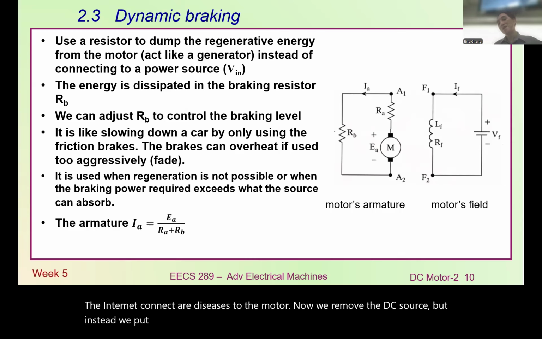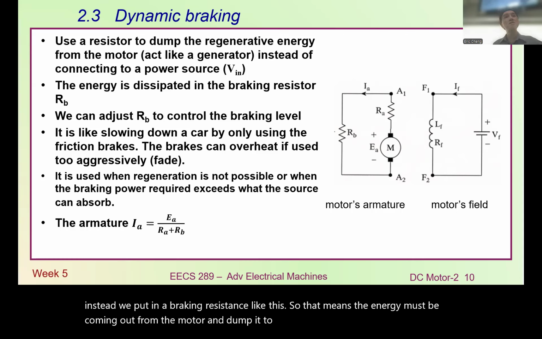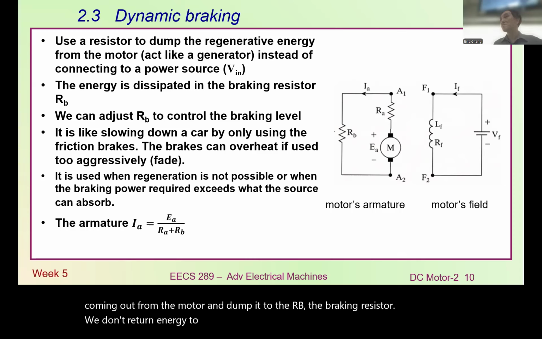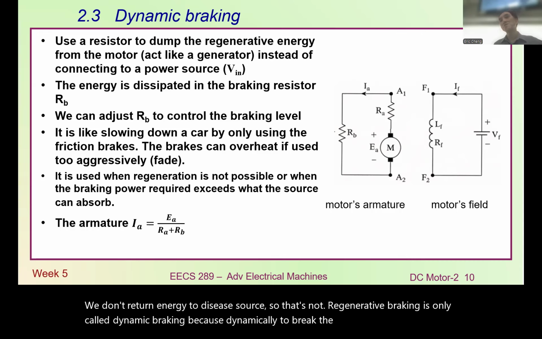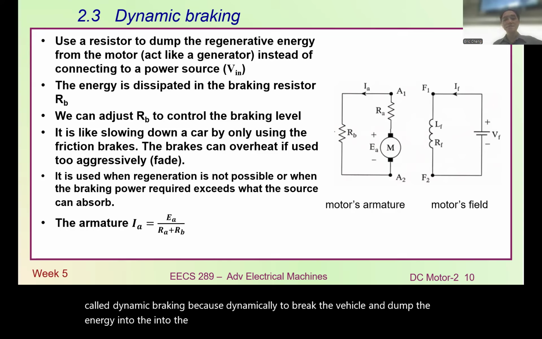That means the energy must be coming out from the motor and dumped into the RB, the braking resistor. We don't return energy to the DC source, so that's not regenerative braking. It's only called dynamic braking because we dynamically brake the vehicle and dump the energy into the resistor.